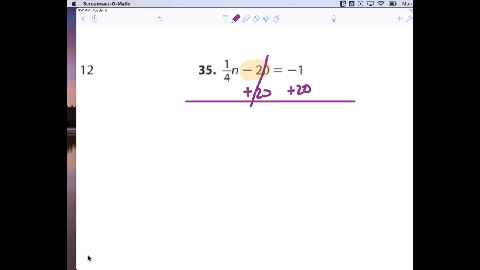What's negative 1 plus 20? Good. Then bring down the 1/4 n. So how do you undo a fraction? Multiply by the reciprocal. So 19 times 4.